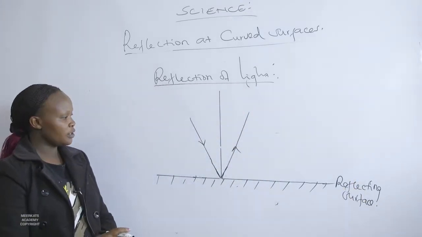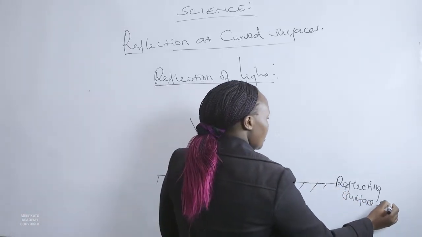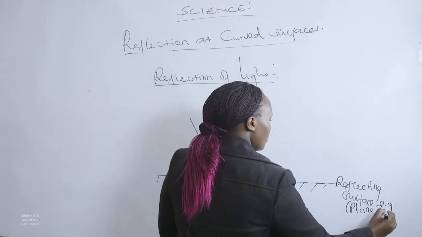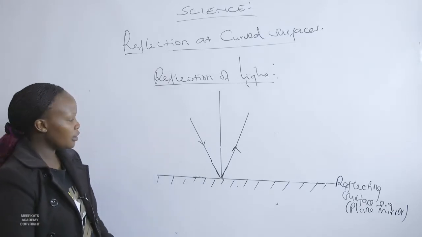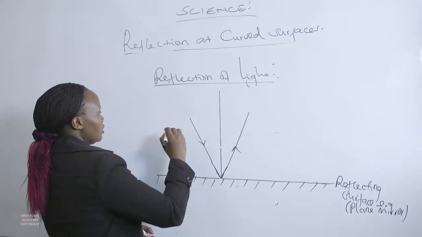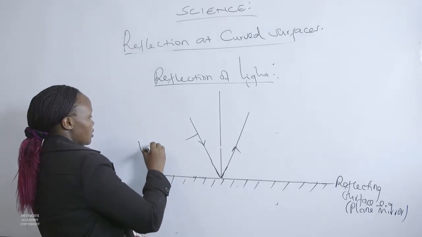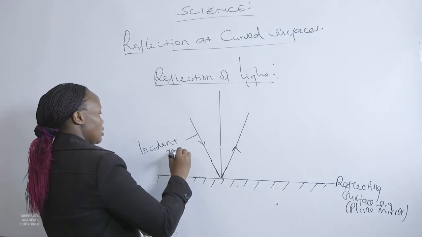That is our reflecting surface. For example, we can consider a plane mirror. Then this one is our incident ray.